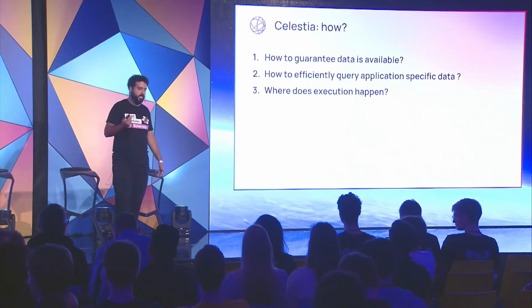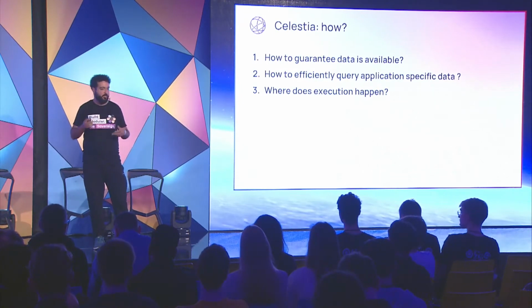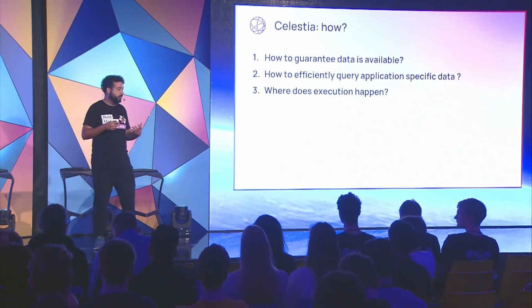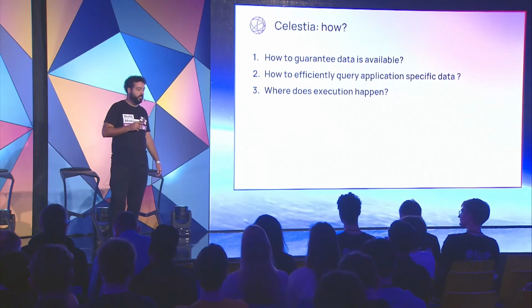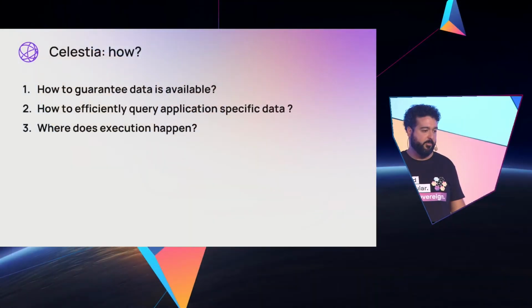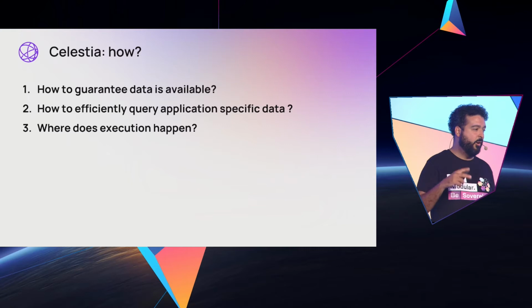So how does this work in more detail? I want to cover what it actually means for transactions to be available, and how you guarantee that the data is available. How do you make sure, in a shared security environment, that you only need to care about the transactions of your application?